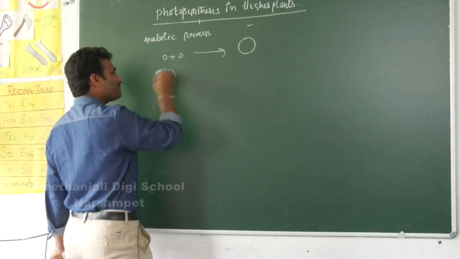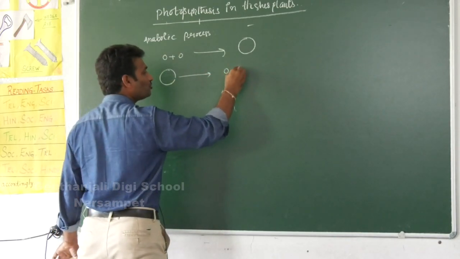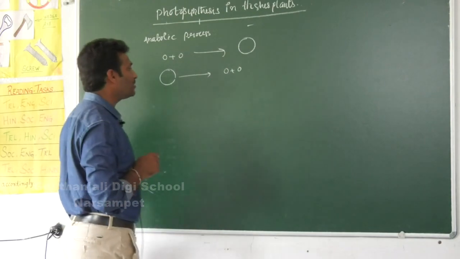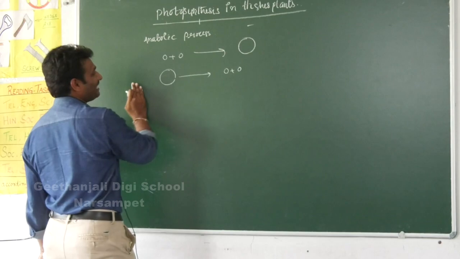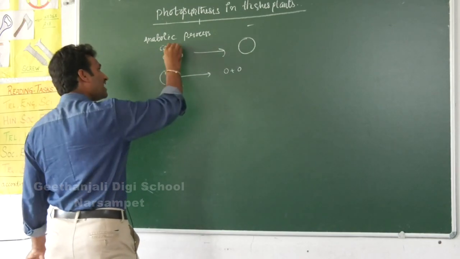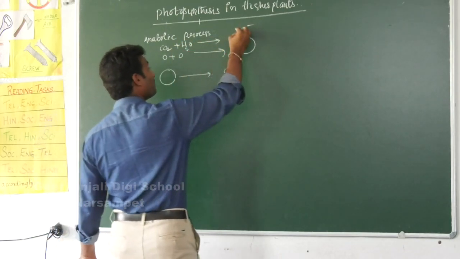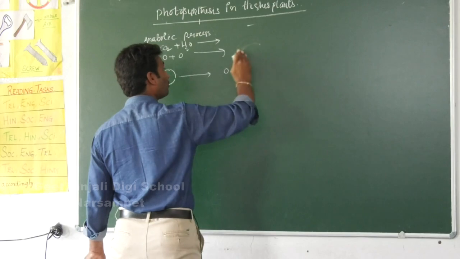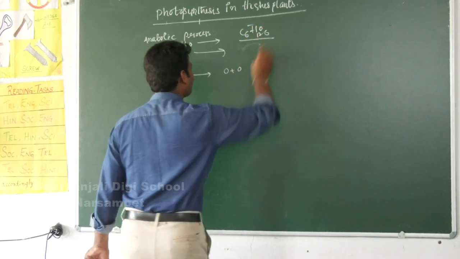When a larger molecule breaks down and produces two or many small molecules, this is known as a catabolic process. In photosynthesis, CO2 is a small molecule as well as water, which combine to form a large molecule, that is carbohydrate, C6H12O6.